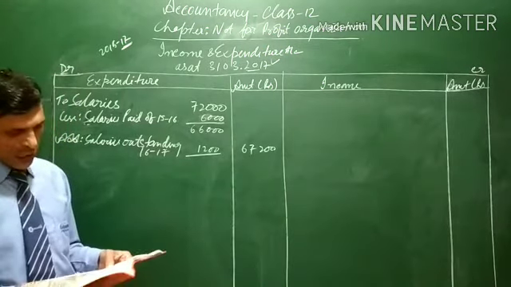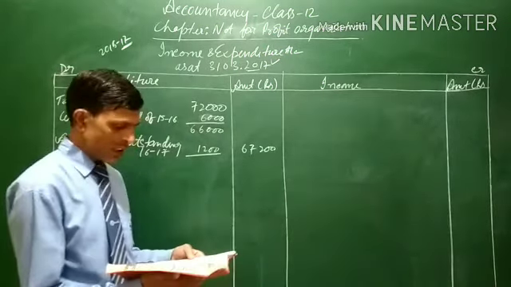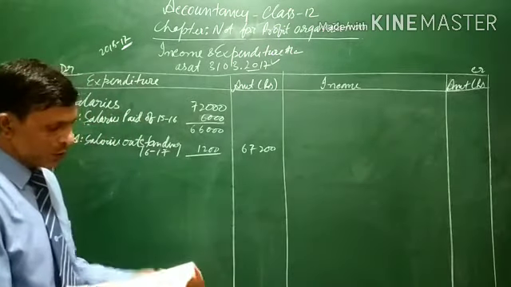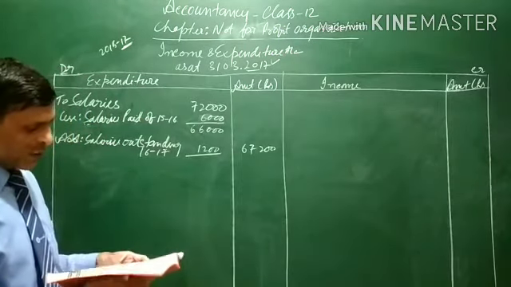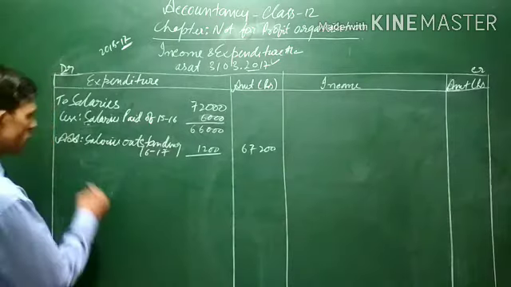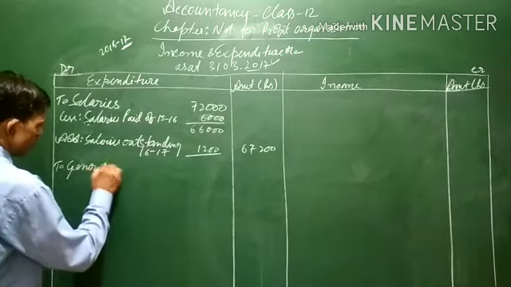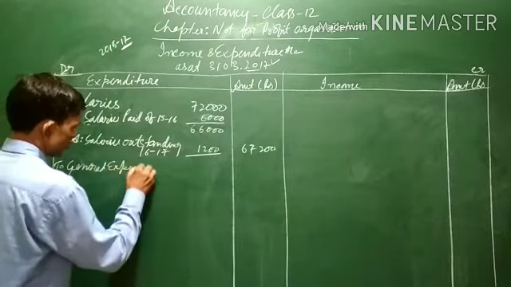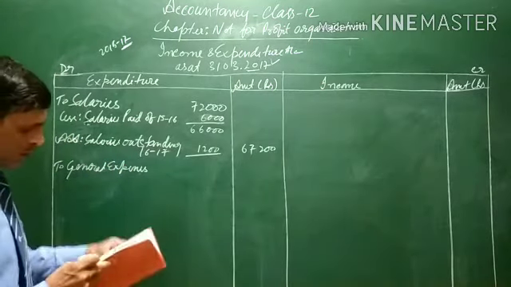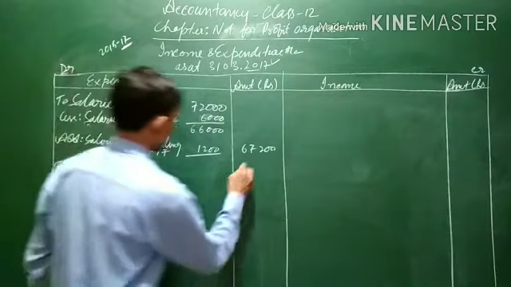After salaries, general expenses are there. There is no adjustment with regard to general expenses, so the whole amount of general expenses will be considered as expenses of the current year. To general expenses. The amount is 18,000.